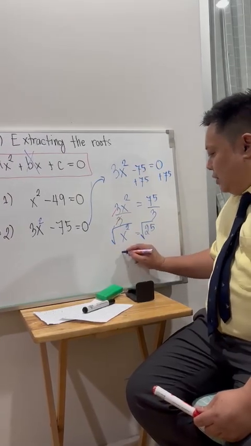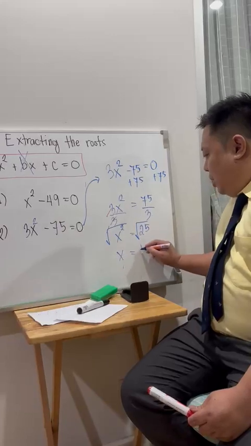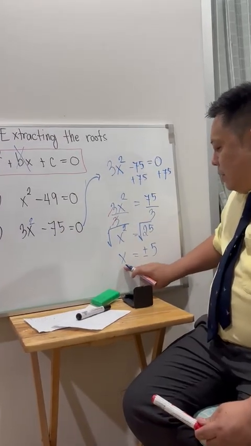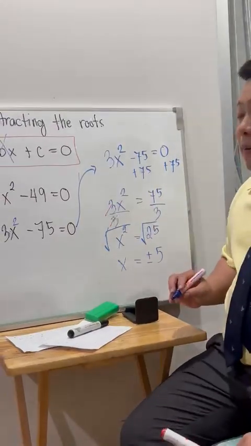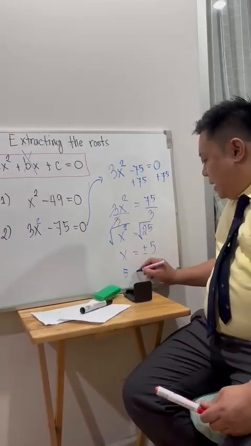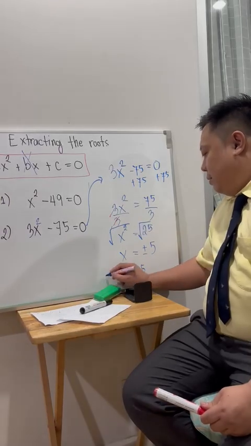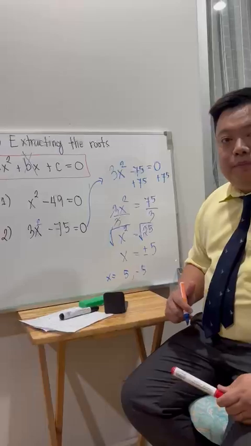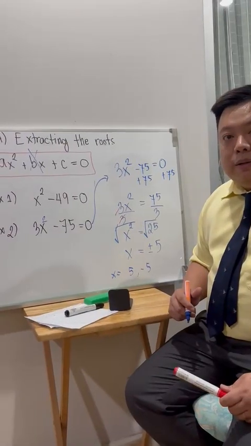Thus, it will give us x is equal to positive and negative 5. So again, we have 2 values, which are positive 5 and negative 5. So that will be our x.